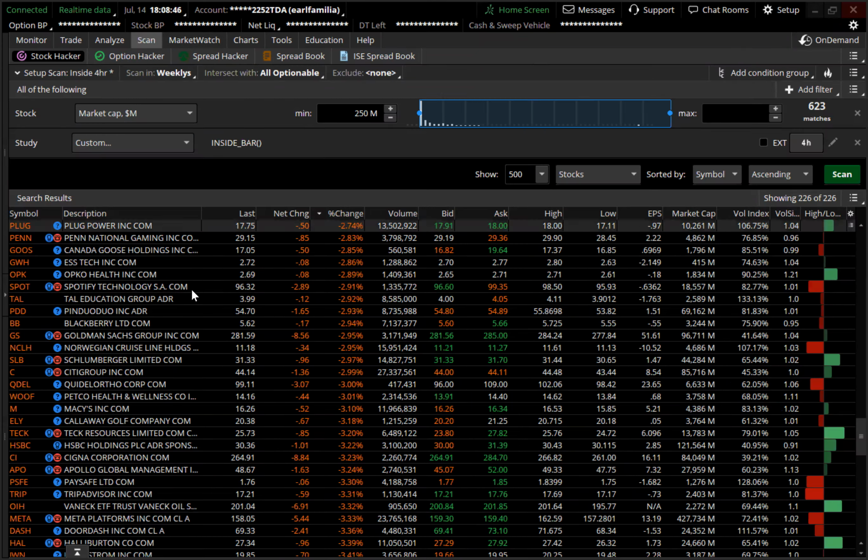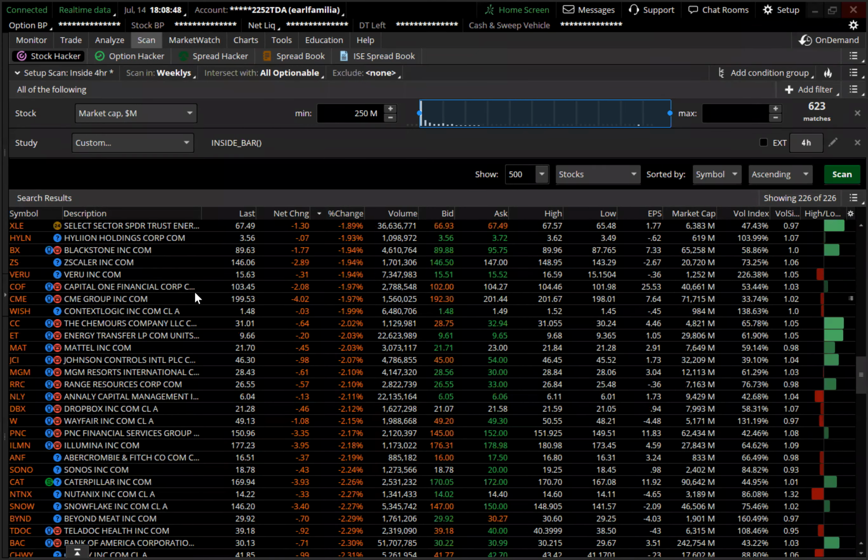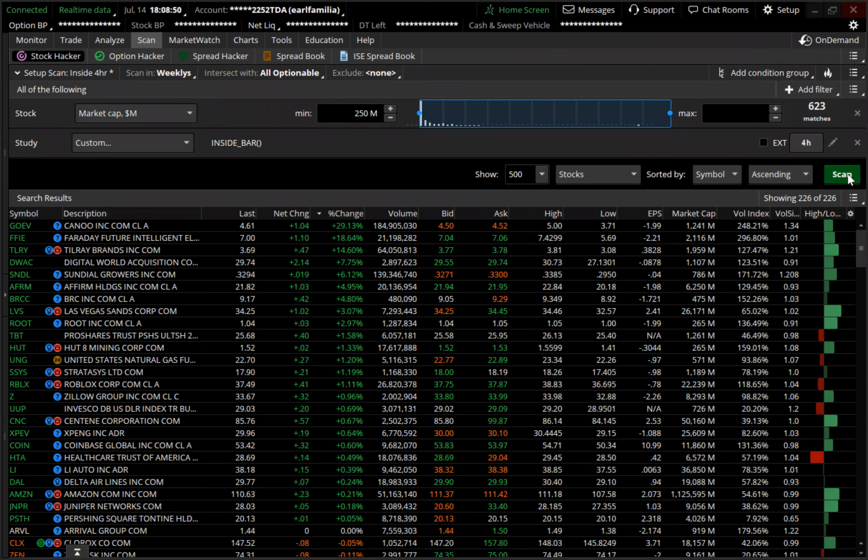So we'll take it case by case and go through it. I do have my 4-hour scan up. Let me make sure that's the most recent. And so what we'll do now is peruse through these tickers and cherry pick those that we want to look at and identify if they are worthy of us monitoring for potential trades tomorrow.